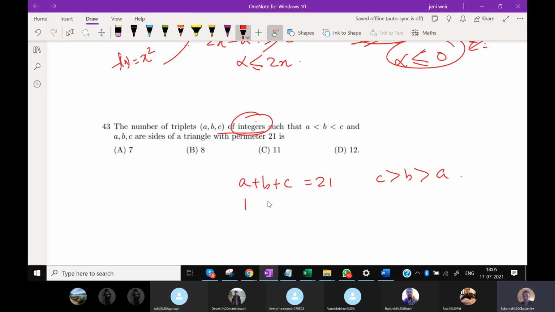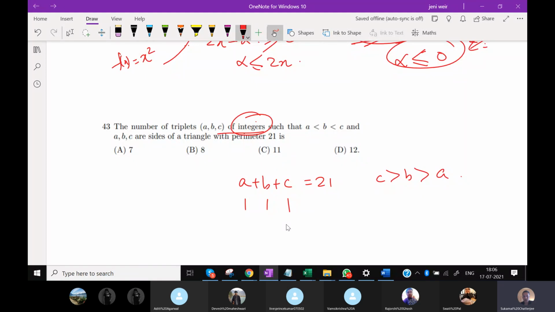Now, if I take b equal to 1, then c will become a fraction, it cannot be an integer. No, sorry, it can actually. If this is 1, this is 1, this is the only case with 1. Otherwise, if a and b are both 1, then c cannot be any other integer.